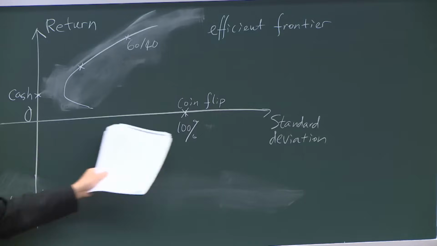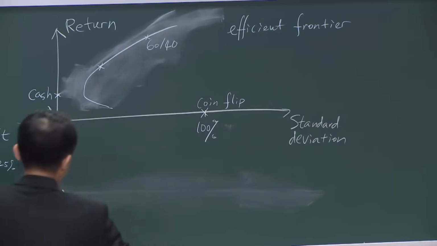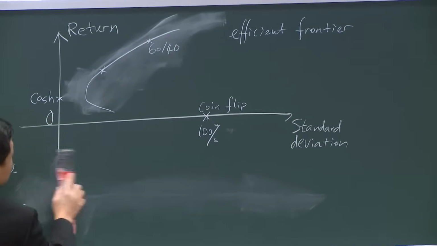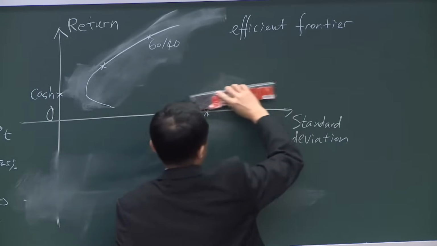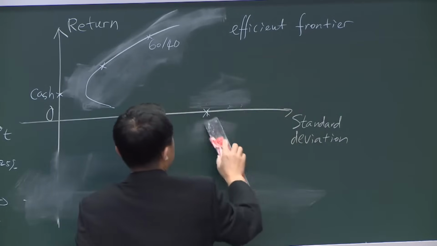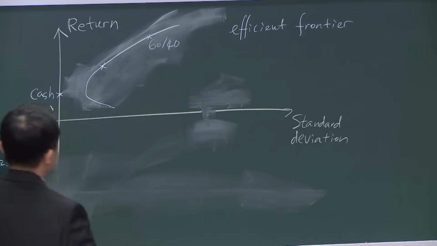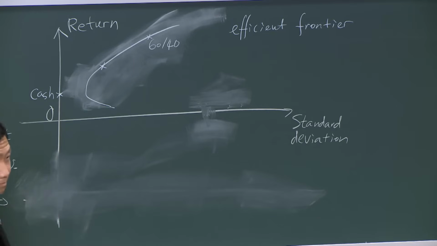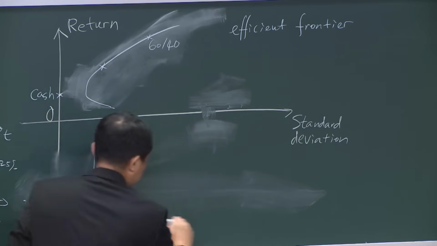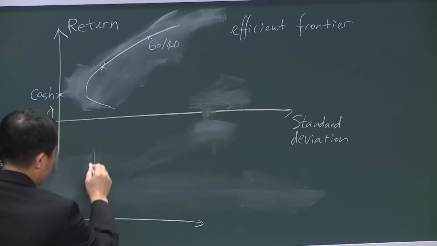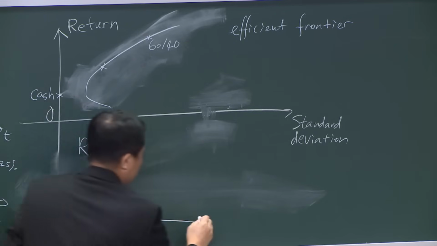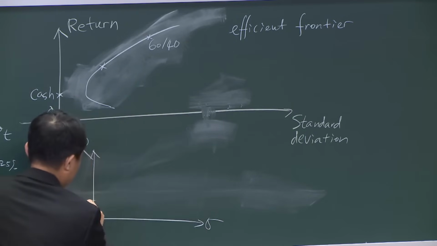So that's the return. And so let's forget about these. Let's leave cash here. Okay. So the previous example I gave you, when you have two assets, one is cash, all one.